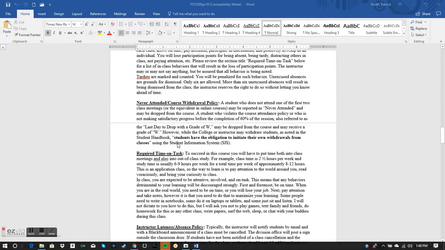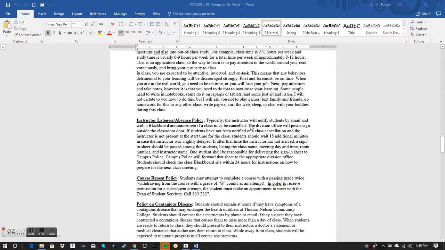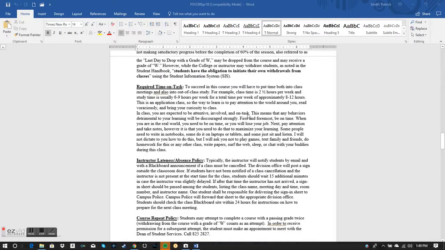Okay, so I'm rolling down here, I'm looking at this section that says required time on task. Okay, and down there near the bottom, what I see there is that it's important for you to be on task when you're in class. So that means to be attentive, involved, and to pay attention.